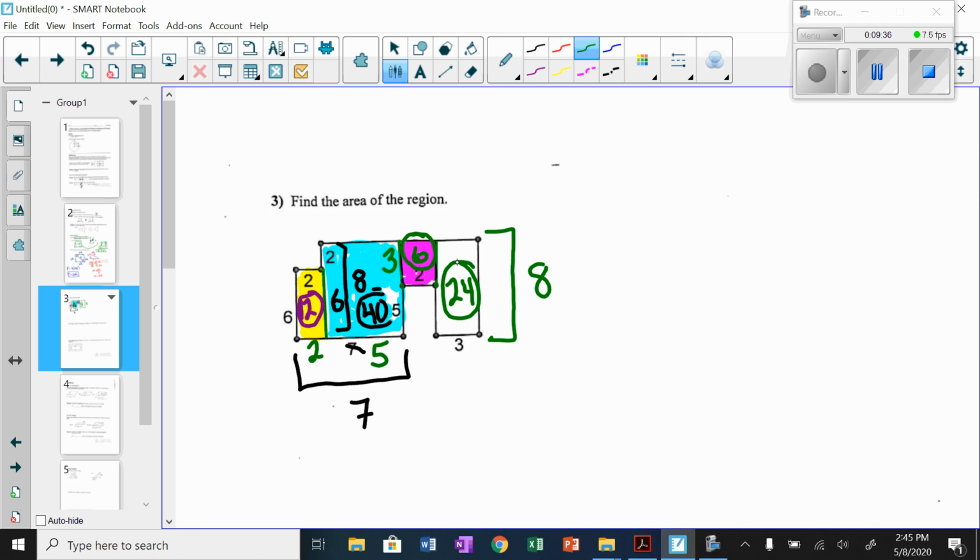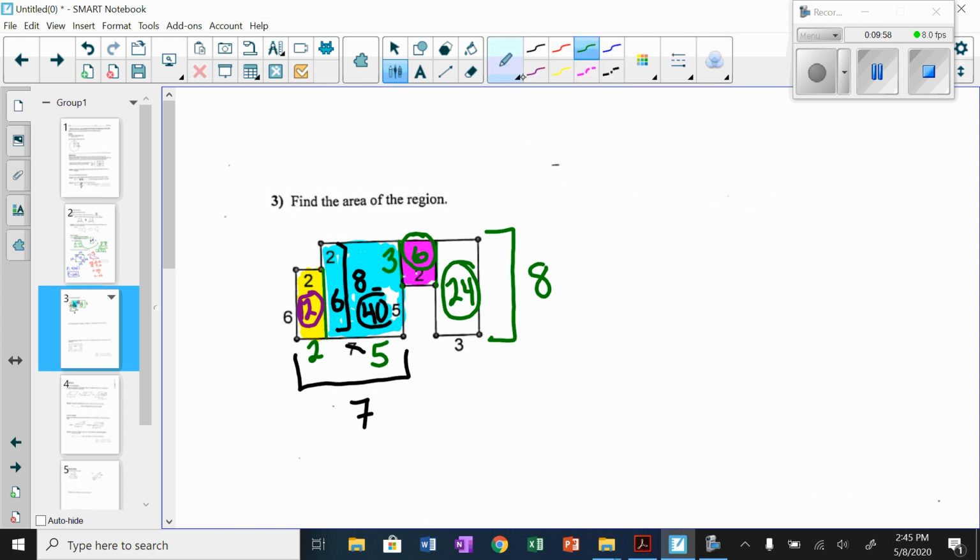So when we go ahead to add these all together, the area is going to be 12 plus 6 plus 40 plus 6. Oh, not 6, sorry. Let's go back. Erase, erase.